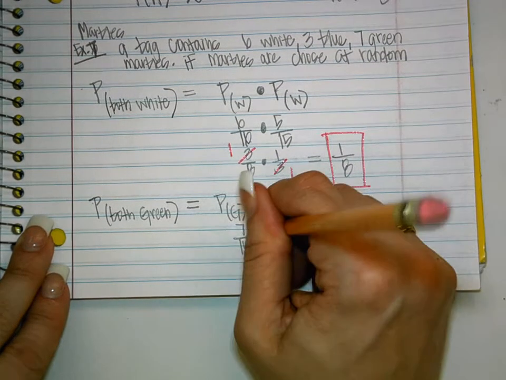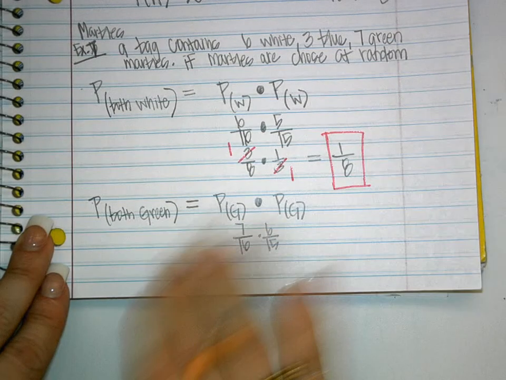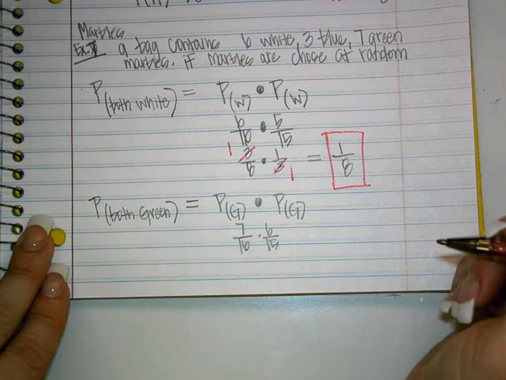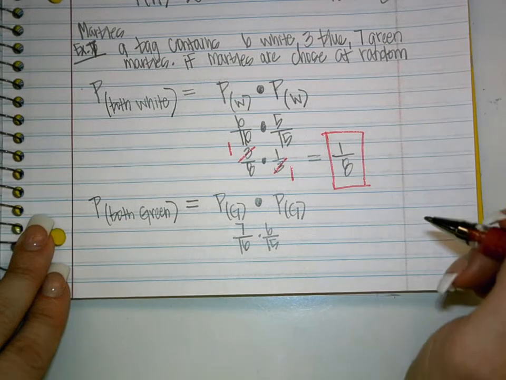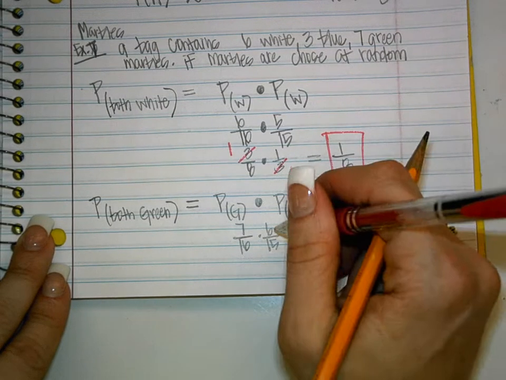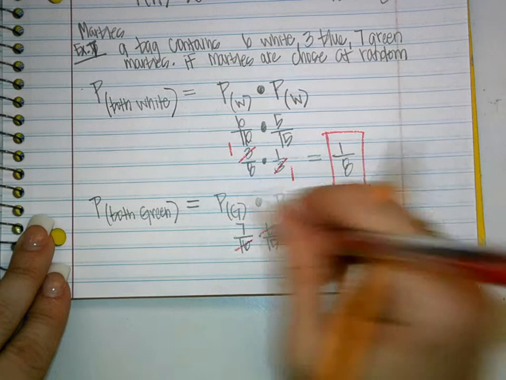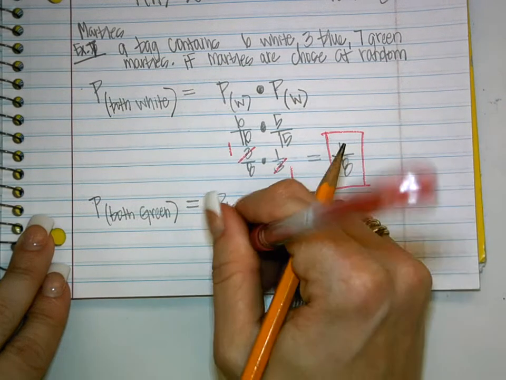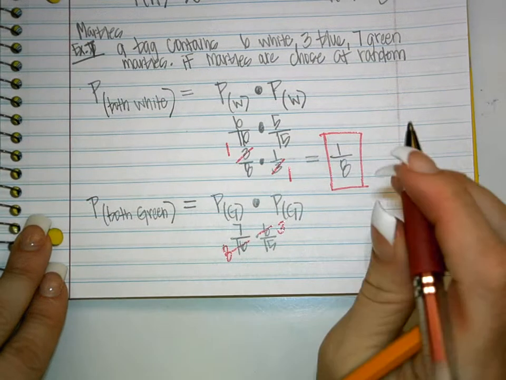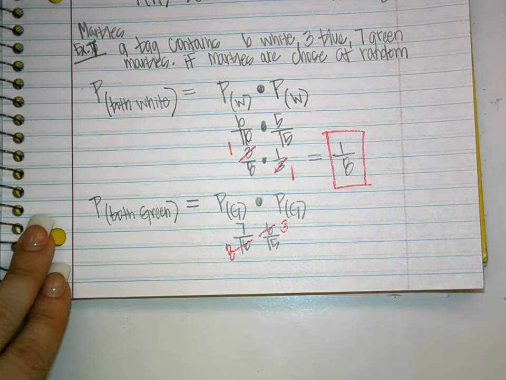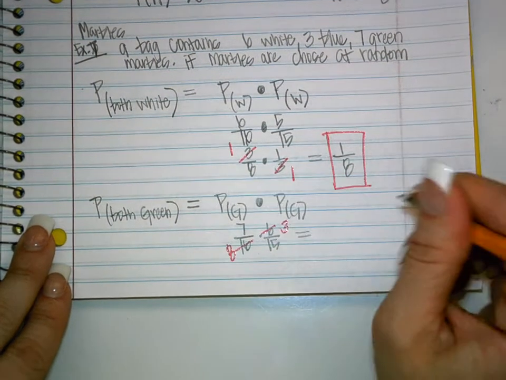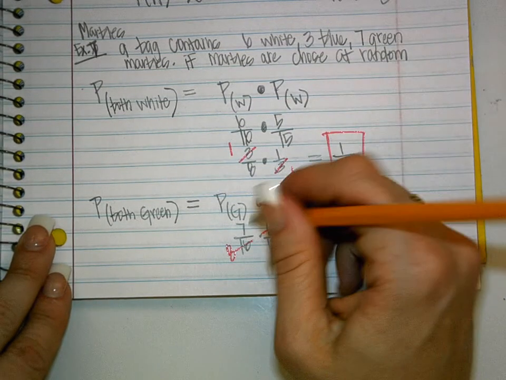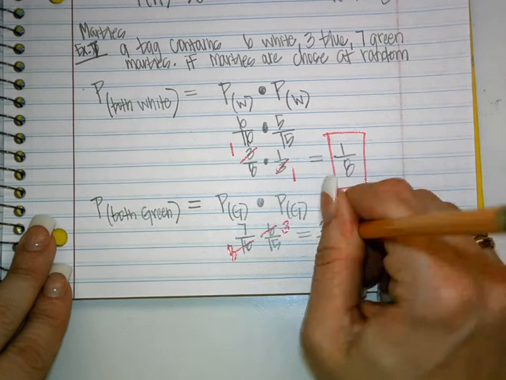6 over 15. Okay, and you can cross-reduce here if you want to, or you can reduce in the next spot. Doesn't really matter. So what could reduce here? 6 and 16 could reduce. 2 goes into both of those. So you would get 3 over 8. Can anything else reduce? The 3 and the 15 could reduce, or you could just multiply across and reduce later. Does not matter at all. 7 times 3 gives you 21, over 8 times 15.